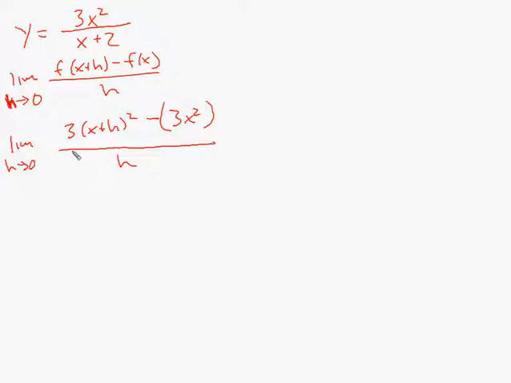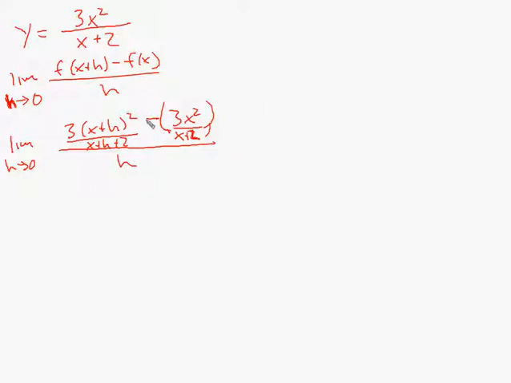And my common denominator is going to be, limit as h approaches 0, my common denominator is x plus h plus 2 and x plus 2. So, common denominator, x plus h plus 2 times x plus 2. Because that's my common denominator for combining these fractions. This fraction is missing the x plus 2.